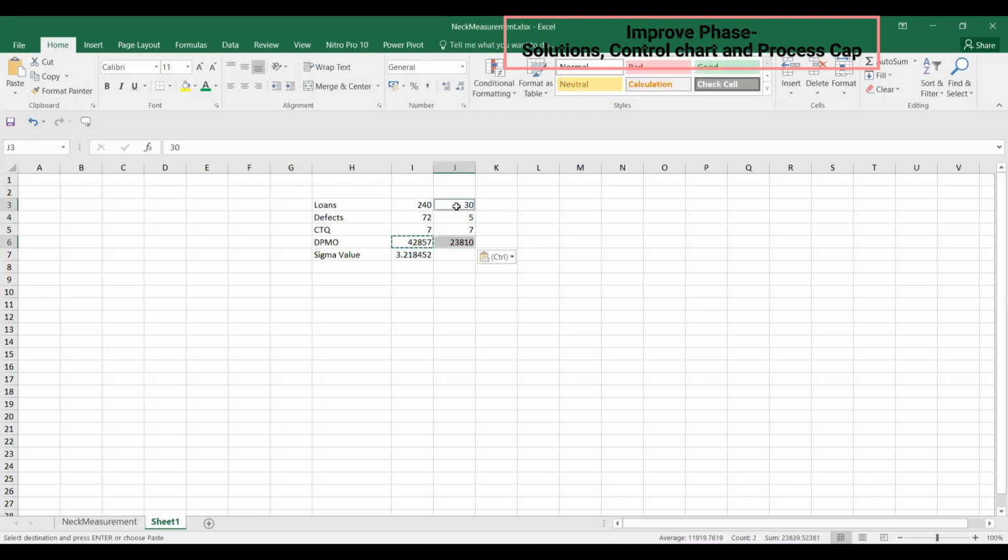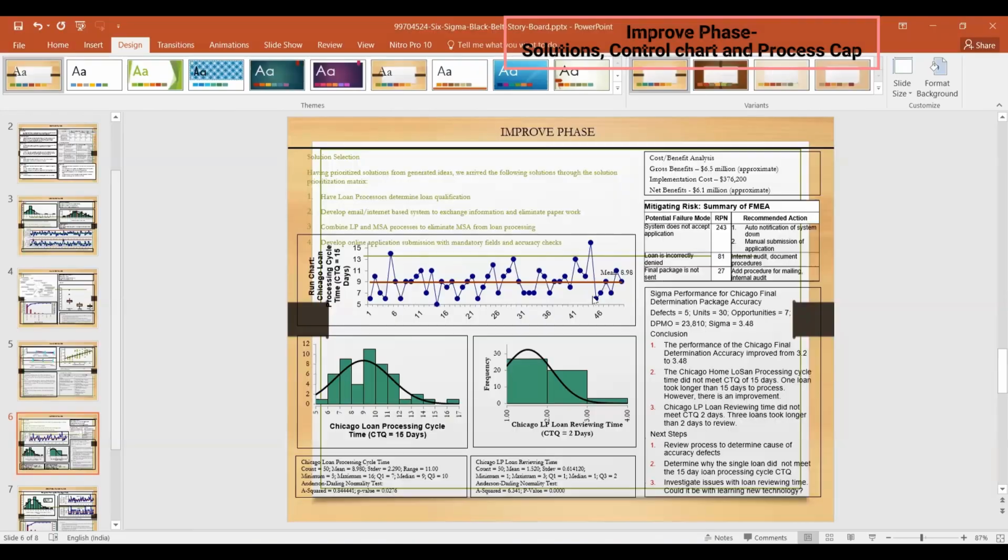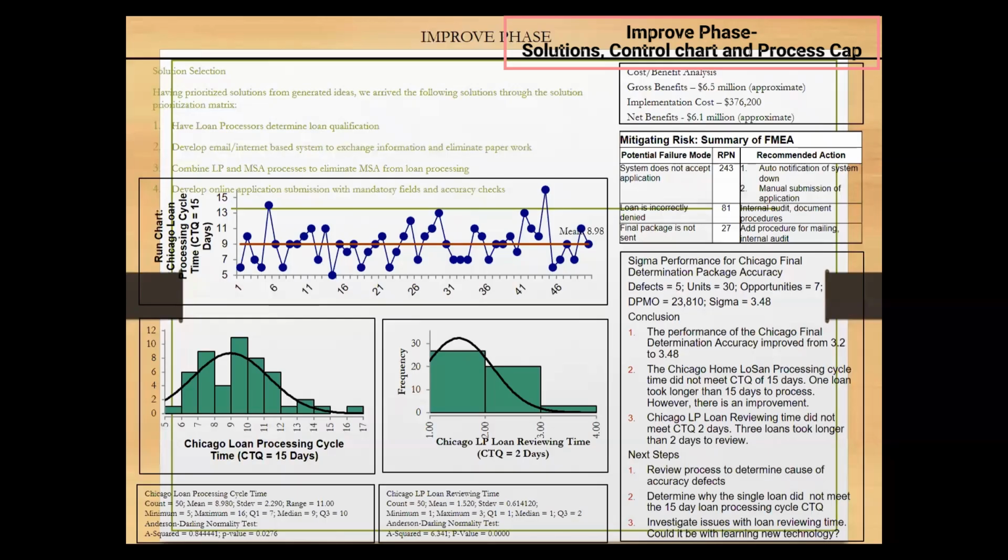You can see here it became 23,810, and the process has slightly improved, right? So 3.2 became 3.4 here itself. It's not even a deployed full solution. Here itself, during the analyze and improve phase, it has been developed, right?